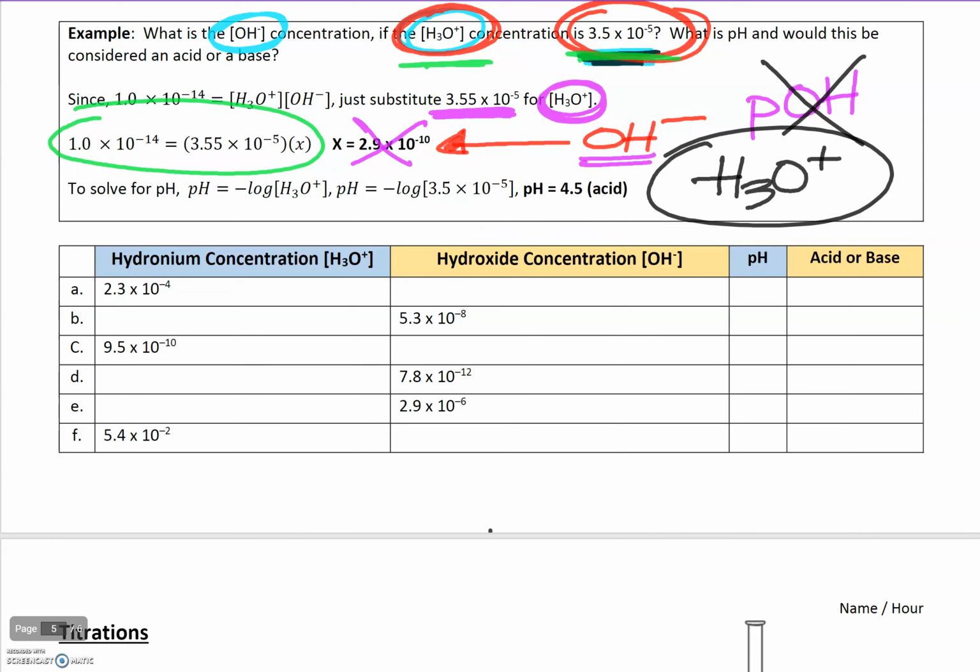Okay, so the way we're going to do this is we're going to take a look at what they give us, and in this case they gave us the H3O+. Every single time you're going to do the same thing.